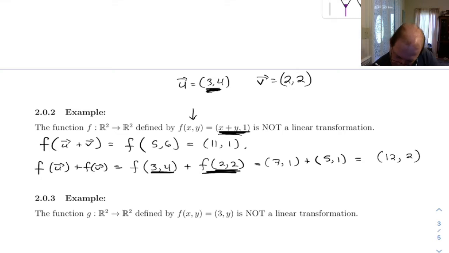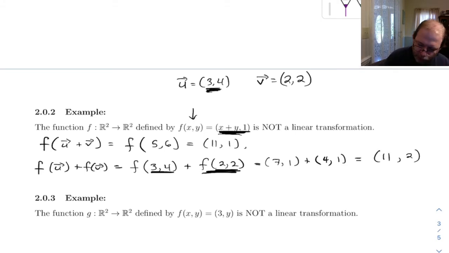And that's not the same. This makes me think that I have made an error. F of (2, 2), oh, that's supposed to be a 4. (4, 1). Because this first number is the same, 11. But the 2 there is different, this and this are different.